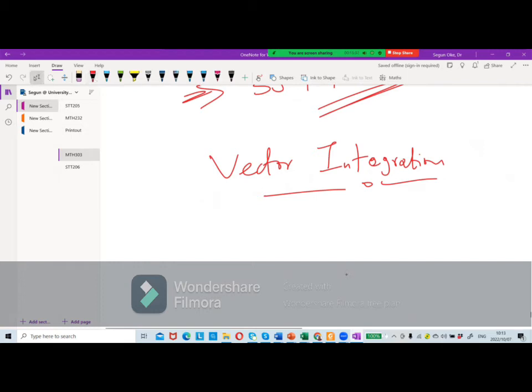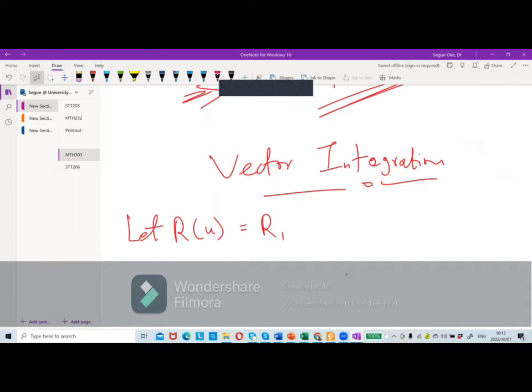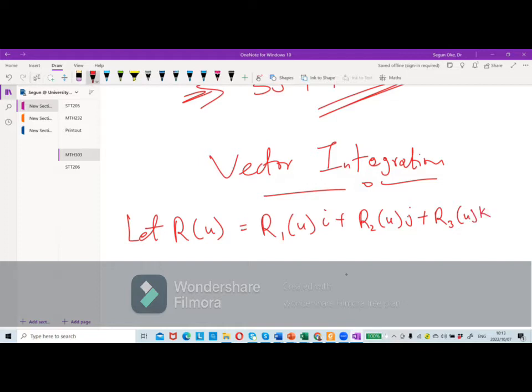For this particular one, let r of u equal r1 of u i plus r2 of u j plus r3 of u k, be a vector depending on a single scalar variable u, where r1 of u, r2 of u, and r3 of u are continuous in a specified interval.